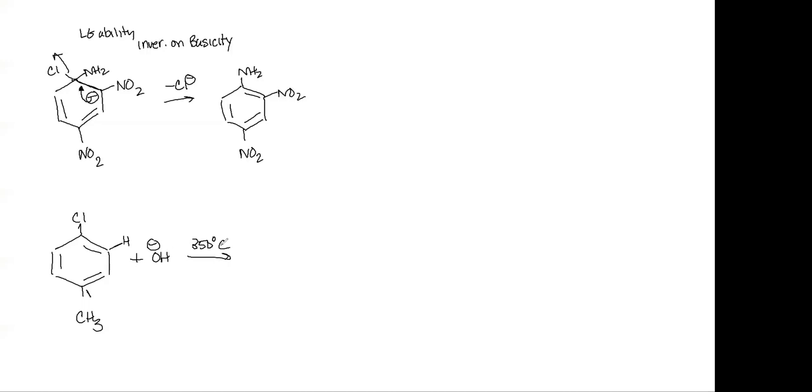So at 350 degrees, hydroxide can deprotonate things that it normally wouldn't, like that hydrogen in the ortho position. If it deprotonates, think of an E2 reaction. So let me put this in quotes. That pair of electrons would go there, the chlorine would be kicked off.